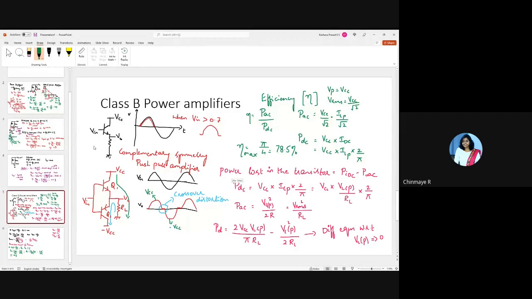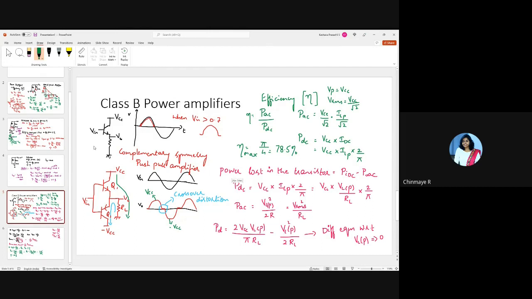So now we found out the efficiency of this amplifier. Maximum efficiency will be 78.5%. The rest of the power is lost in the transistors as heat. Then we found out the power that is lost in the transistors, and the value of VL of P for which the power lost in the transistors will be maximum.